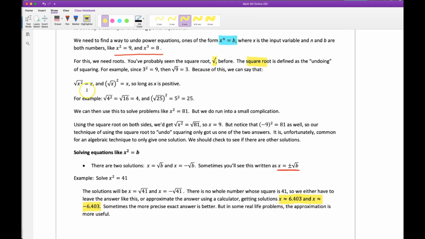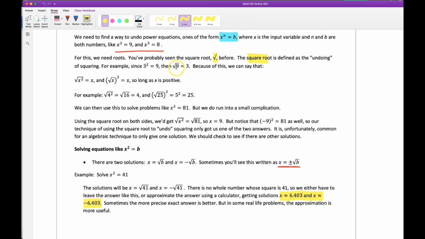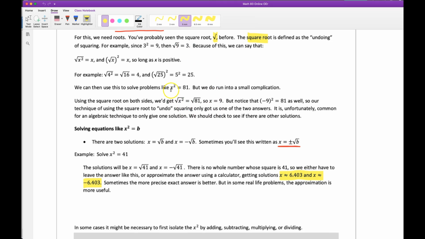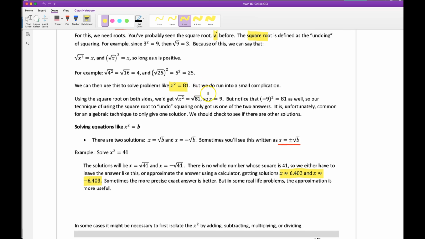And so you can see the relationship. When you take the square root of x squared, it simplifies to x because square roots ask you the question, what multiplied with itself equals 9 in this case? And you would say 3 times 3. Looking ahead to an equation, what's the solution to x squared equals 81?